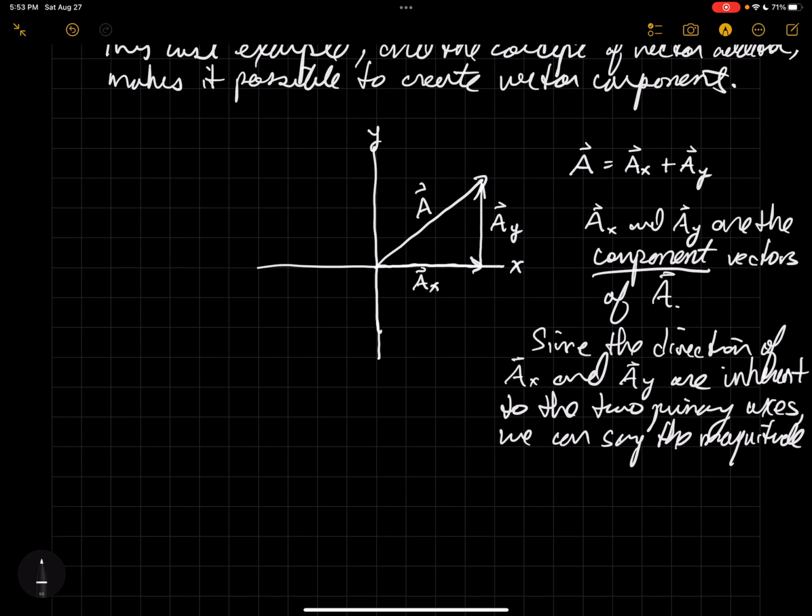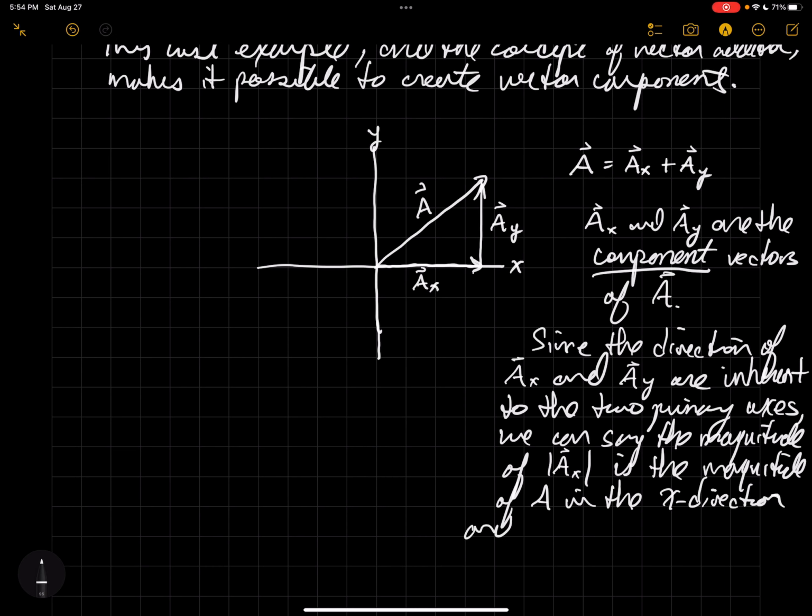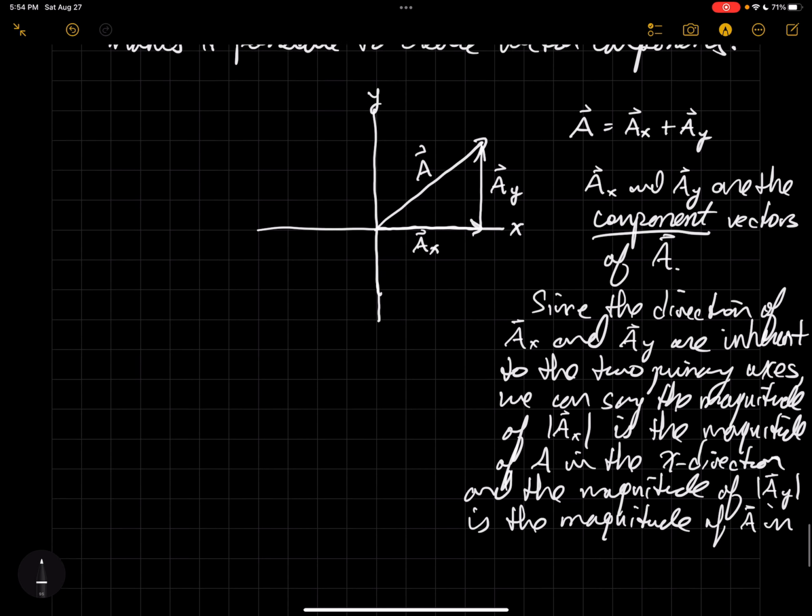we can say that the magnitude of component vector AX is the magnitude of A in the x direction, and the magnitude of component vector AY is the magnitude of A in the y direction.